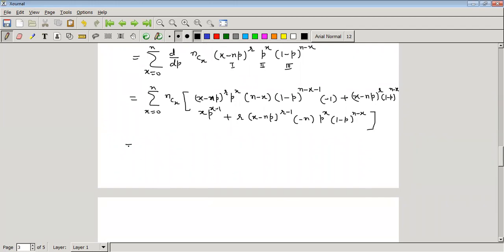So now we can write this as the summation x equal to 0 to n. We already take nCx to be common, so we can rearrange this.